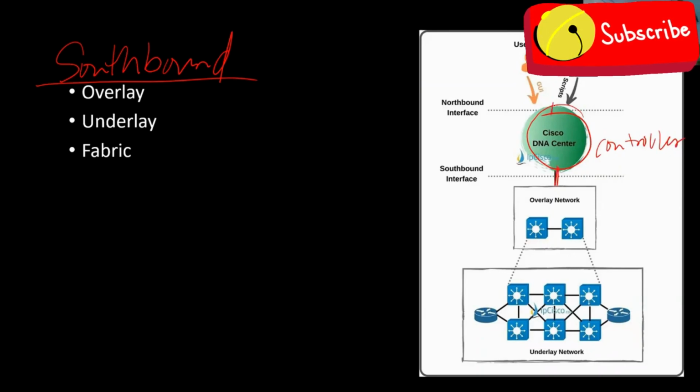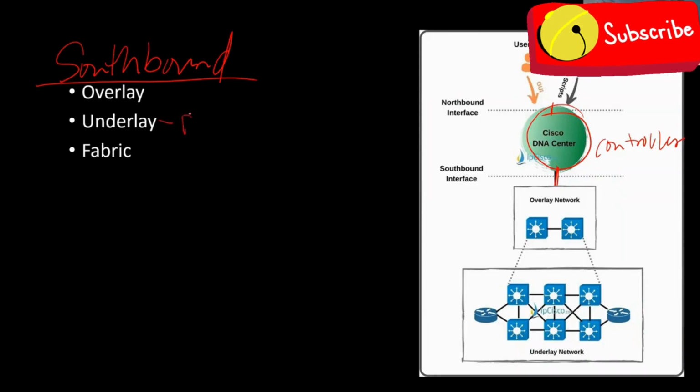So on the southbound, let's talk real quick about the underlay, because the underlay is pretty simple. The underlay is just the physical part of the SDA. It is the actual switches, the routers, the cables, all the physical networking equipment. This is what resides in this underlay.